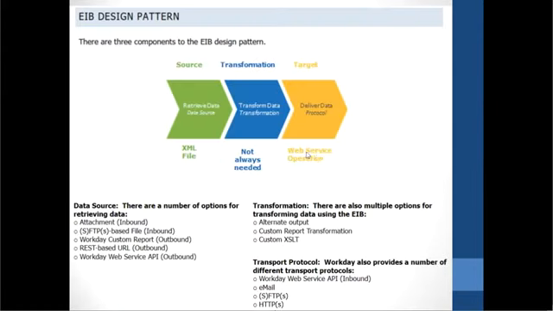Okay, now let's go with the design pattern of this. The design pattern of this particular EIB is that it has source, transformation, and target. As I said, for the source you have to select the right web service, which is nothing but the data source. The web service is also called a data source, the XML file.